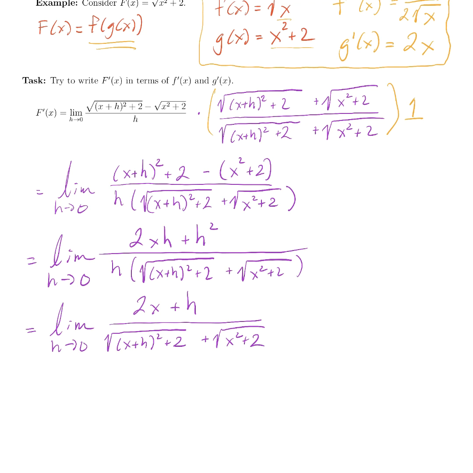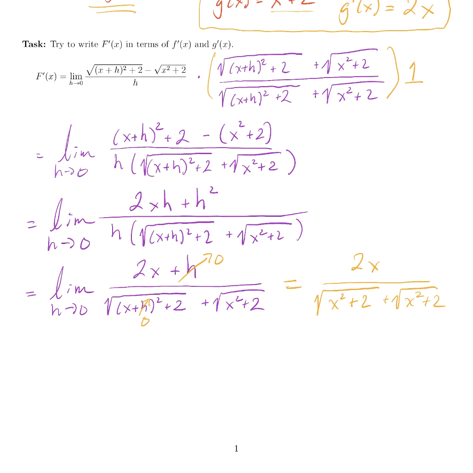Okay, so now we're at a point where we can take the limit in the numerator as h goes to 0. This term goes to 0, and we're left with 2x. In the denominator, as h goes to 0, just this term down here goes to 0, and we're left with the square root of x squared plus 2, that's from the first term, plus another copy of the square root of x squared plus 2.